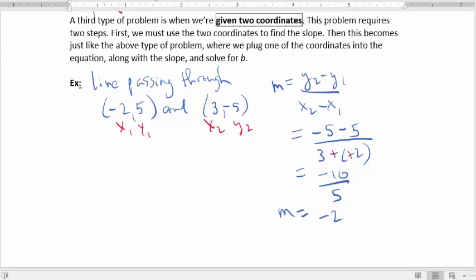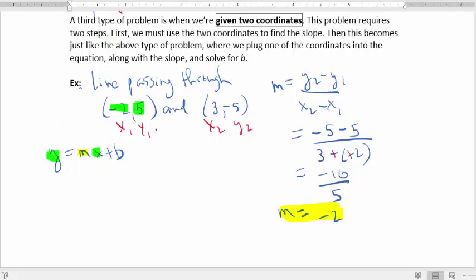So m is -2. So now I just need to find b, but I don't know b yet, right? Because neither one of those points was the y-intercept. So what I do now is I make it like the problem we just did, right? I can replace m with -2, and I can think of either one of these points, -2, 5 or 3, -5, as my x and my y, and I can now solve for b, right?